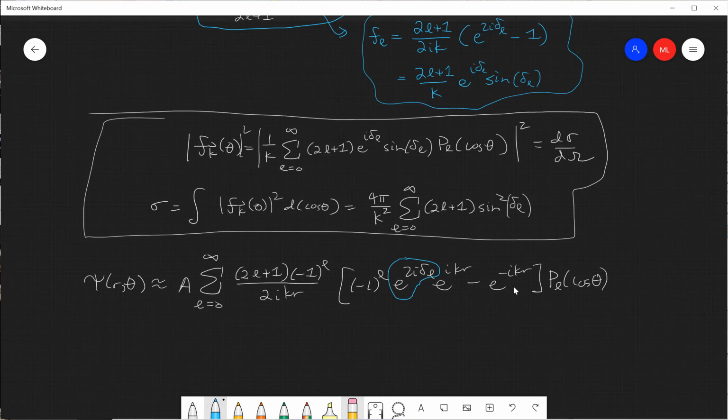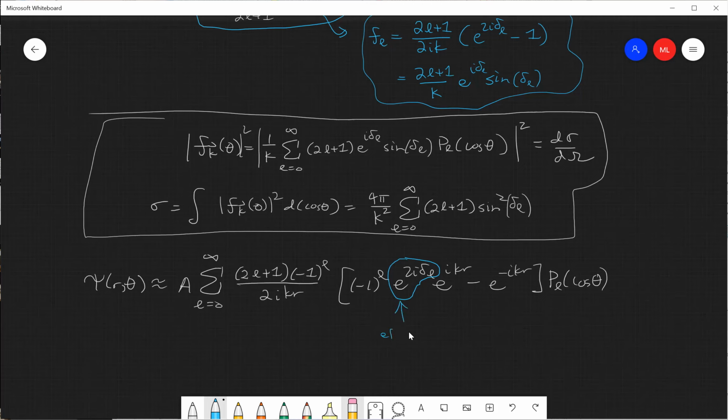And then this becomes just the partial wave expansion of a plane wave along the z direction. So it's really these phase shifts that modify the phase of the outgoing spherical wave and give you the contribution that occurs due to scattering from a potential. The effect of the scattering is entirely embodied in these phase shifts.